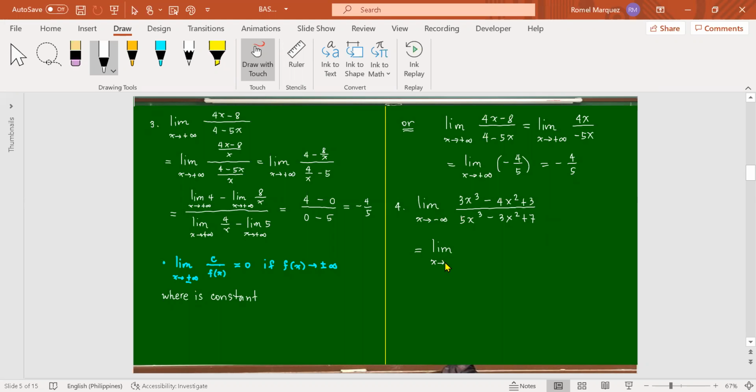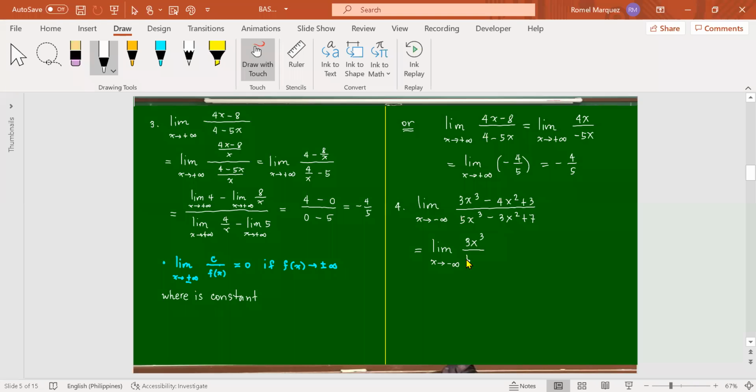O, ano ang ating pwedeng tanggalin sa numerator? Ano na lang what is left in the numerator? 3x cubed, right?